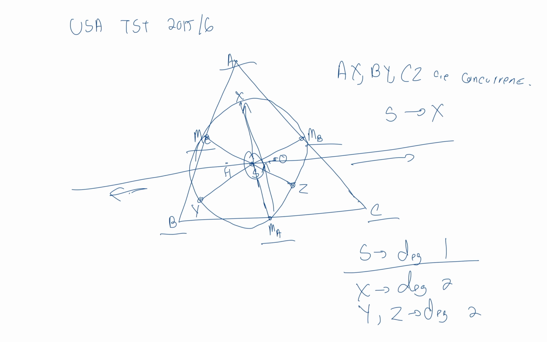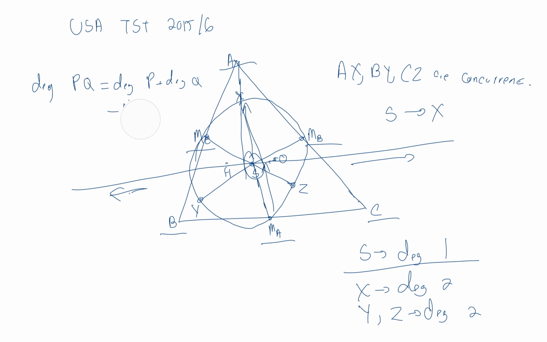And now we're going to find the degree of line AX. So there's a theorem, and I'll prove this theorem later on in this video. There's a theorem about the degree of the line passing through two points, called Sachs' lemma. The degree of a line passing through two points P and Q is equal to the degree of P plus the degree of Q minus the number of times P and Q coincide.